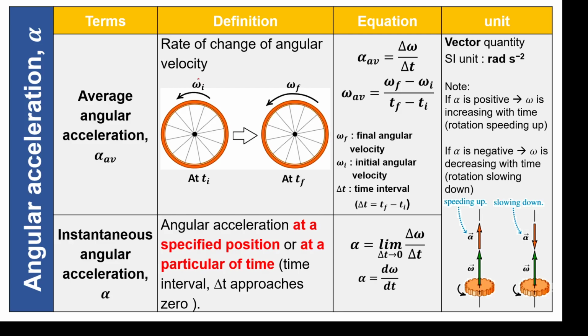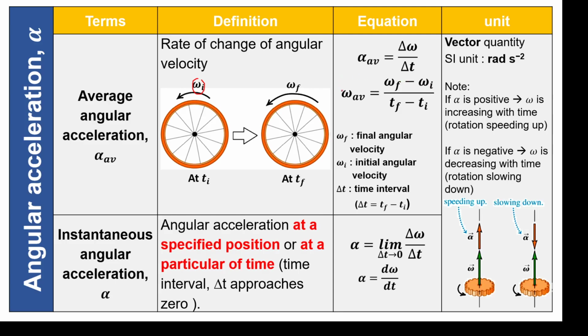We're taking angular velocity and studying its change, basically its rate of change. To find the rate of change, you need to study it at its final and initial state.